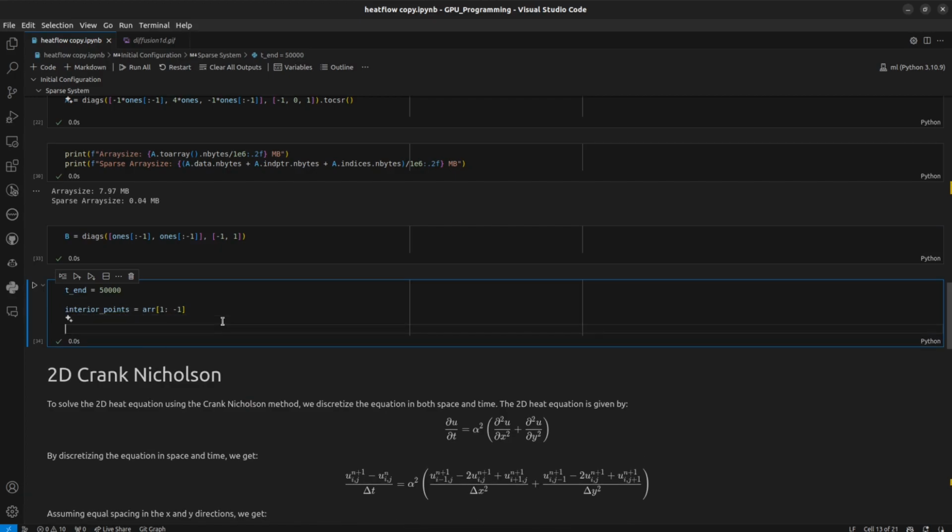And because we want to make an animation out of that, we're going to have to store the state of our grid in each iteration. So we're going to make a large array, and it's going to have t-end entries in the first dimension, and then in the second dimension we're going to store the interior points, and that's going to be n-2 long.